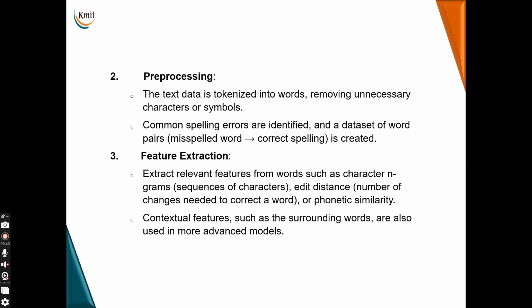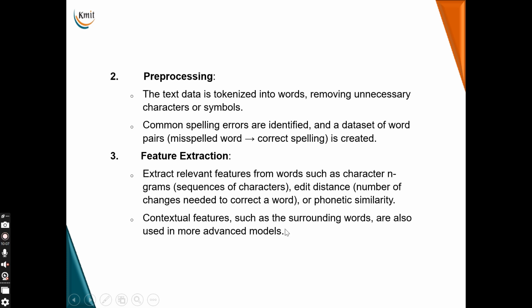Basically, word is the token here. And common spelling errors are identified, and the data set will be stored in terms of pairs. What is a pair? If you see, what is the misspelled word and what could be its correct spelling. It's like an ordered pair with mapping.